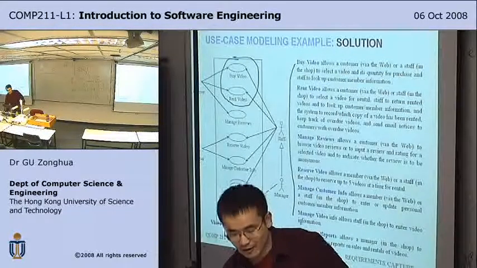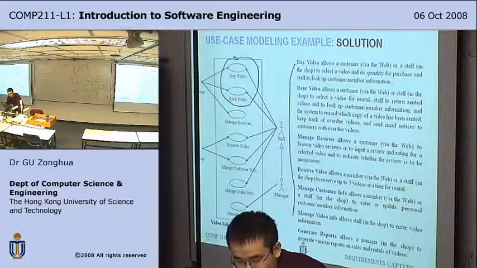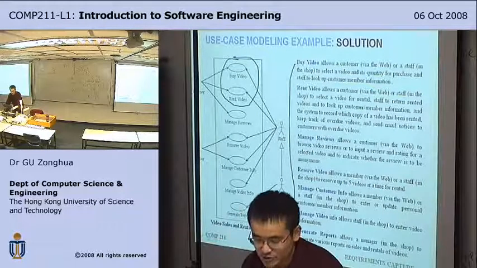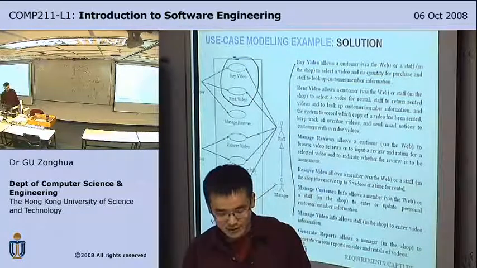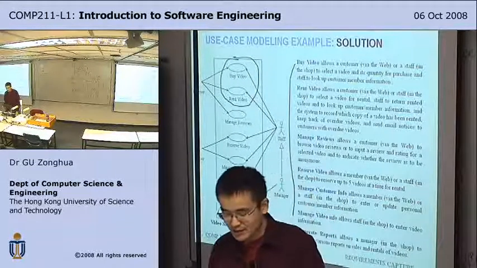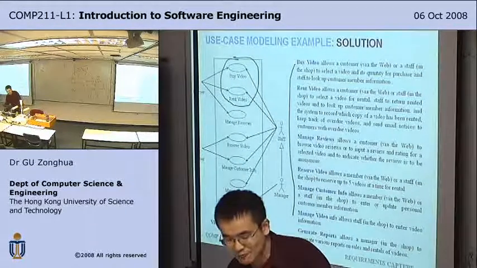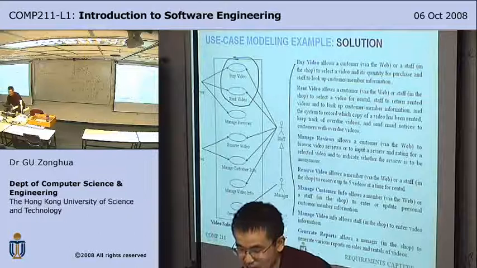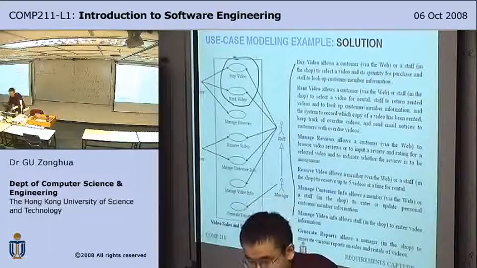So a common error is to draw two use cases. One is the buy video linked with the customer. One is the sell video linked to the staff. But you should really have one because it's the same action. It's just viewed from different perspectives.